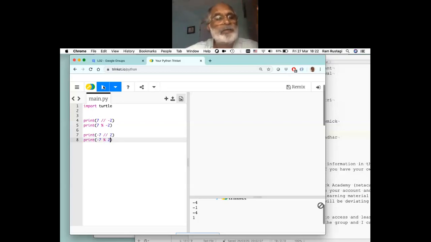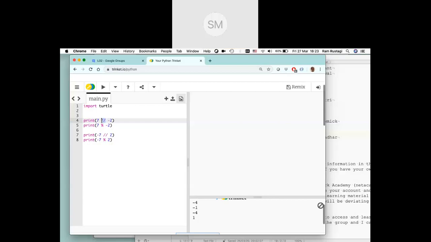That's very well defined. Even though I'm calling it integer division, this double slash operator is actually what is called floor division.